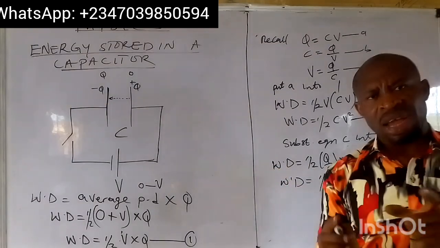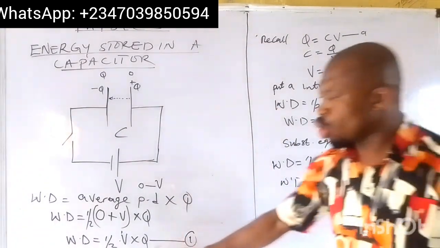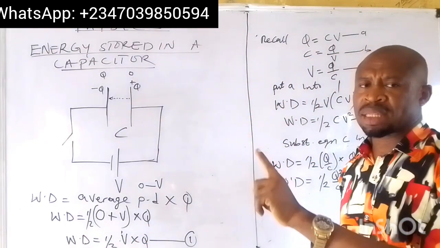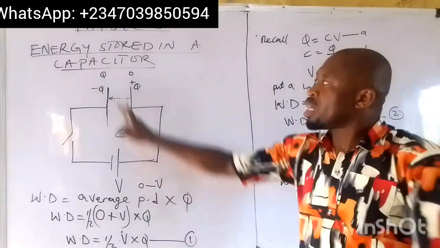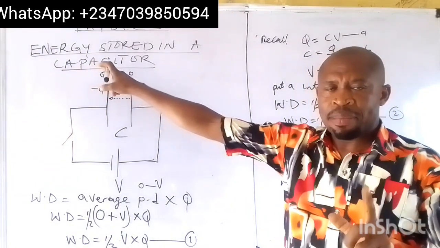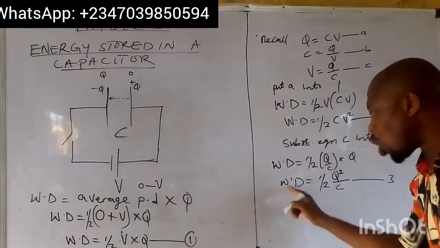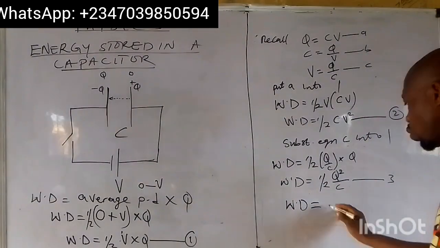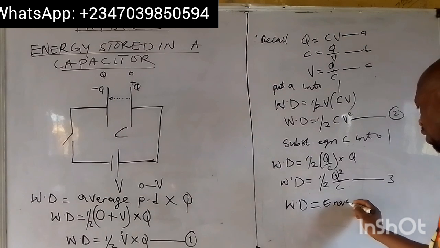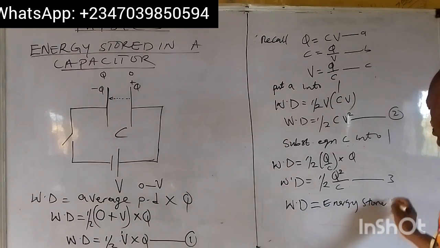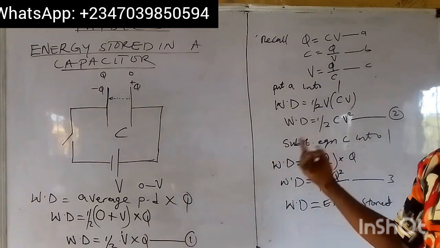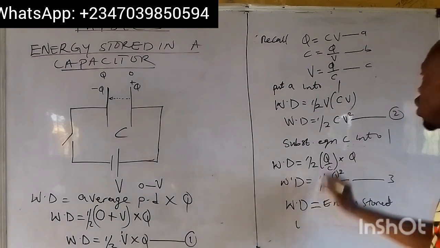Remember we said that the work done in moving charge from an uncharged plate to a charged plate is the energy stored in the capacitor. Therefore, we can say work done is equivalent to energy stored. So in most books, you will see this as work done, or you can see it as energy stored.